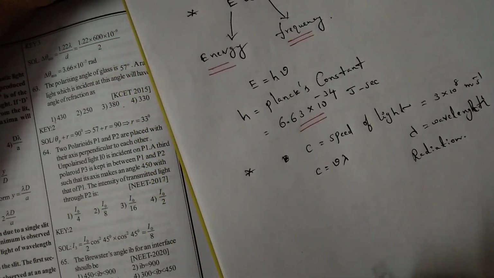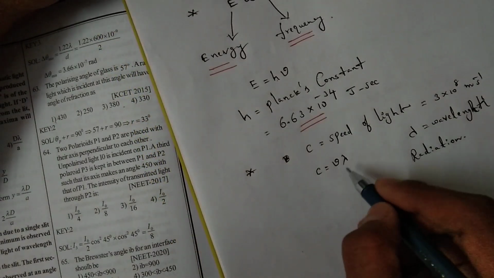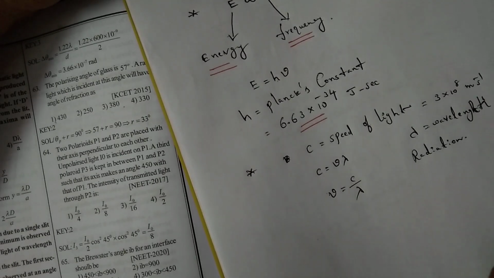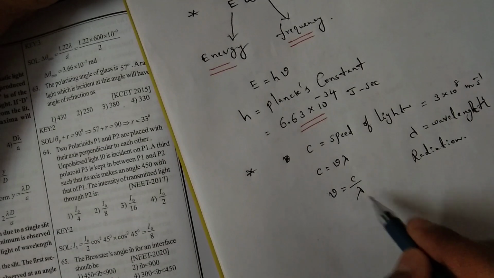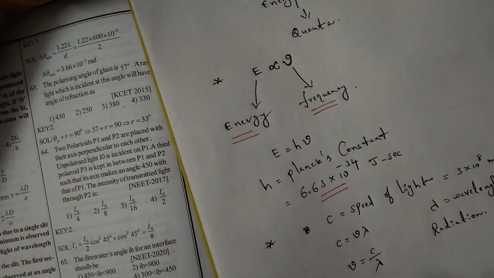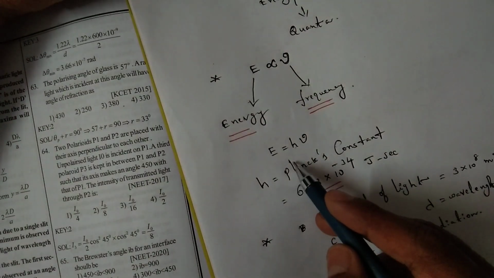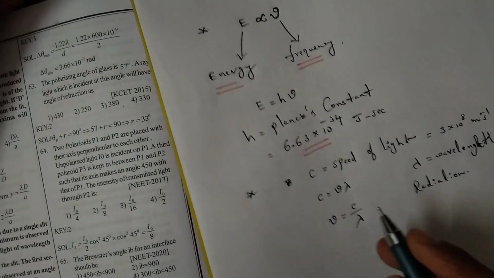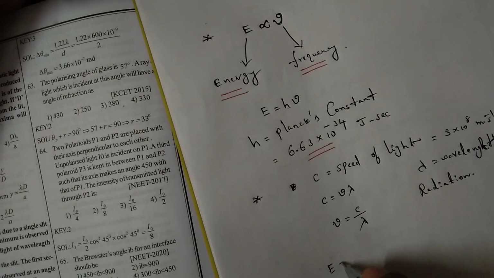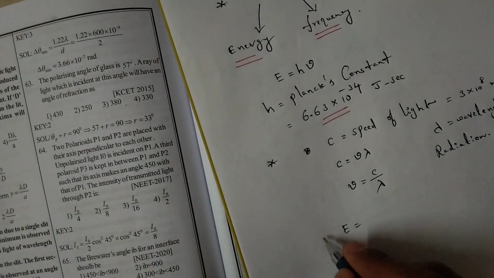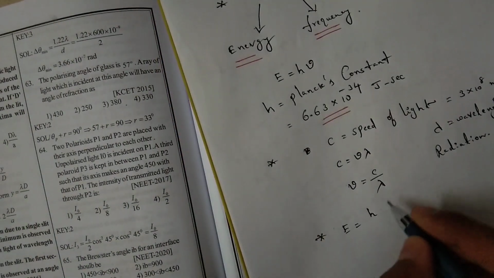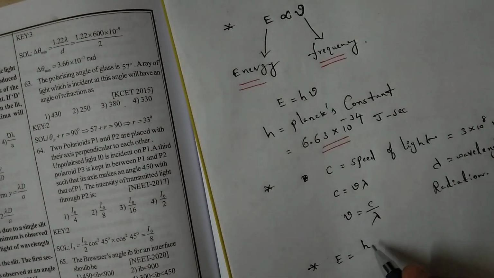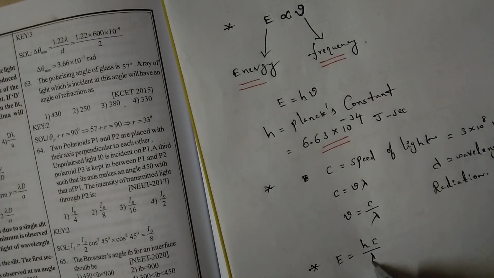Okay, and now nu is equal to c by lambda. Substitute this nu equal to c by lambda in the equation E is equal to h nu. Then you will get E is equal to h in the place of nu, c by lambda.